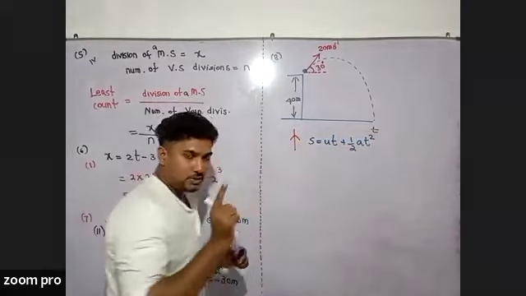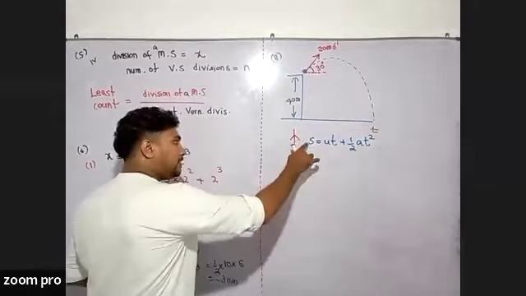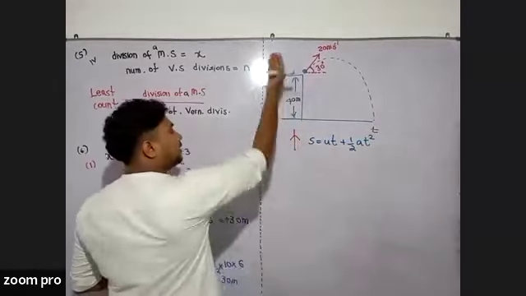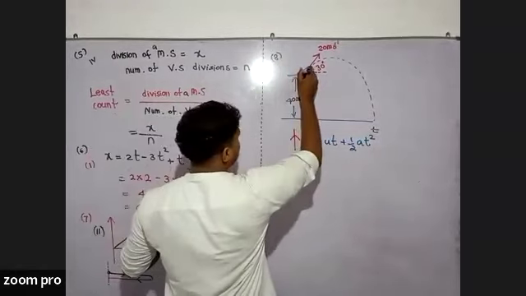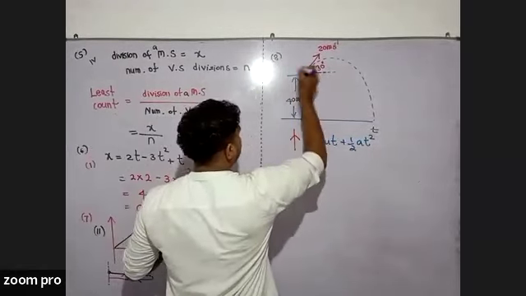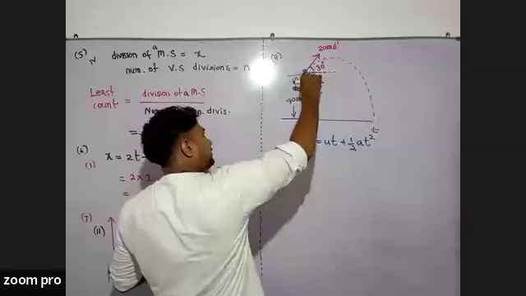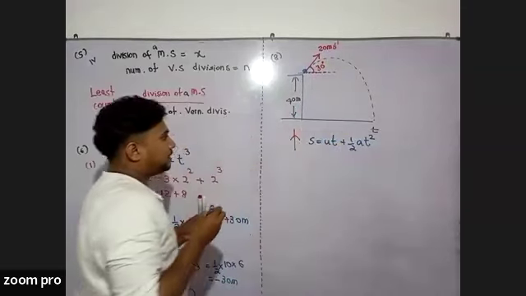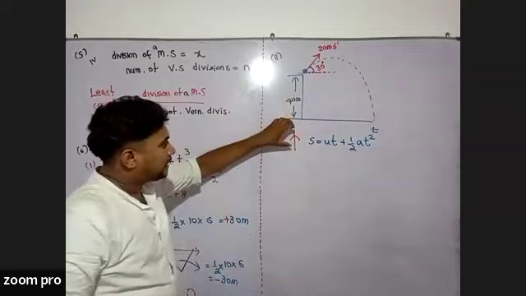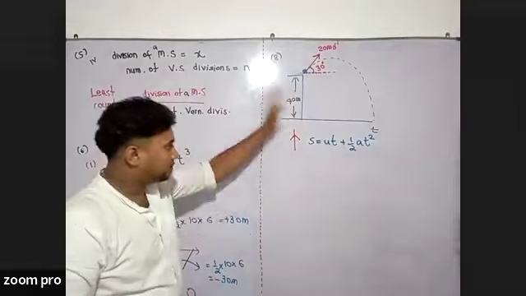So when you substitute, keep in mind that you are applying this equation in the vertically upward direction, right? This is the initial position of this object, and even though the object returns to the ground, we are still applying the equation in the vertically upward direction.